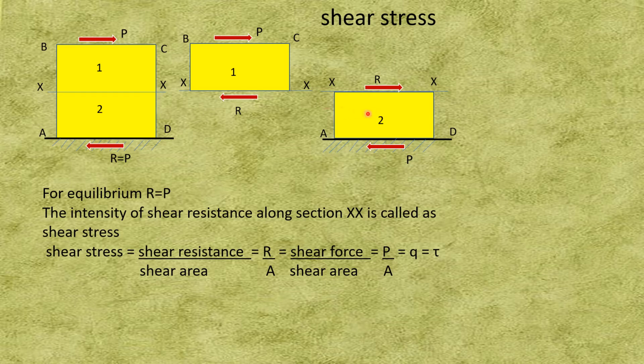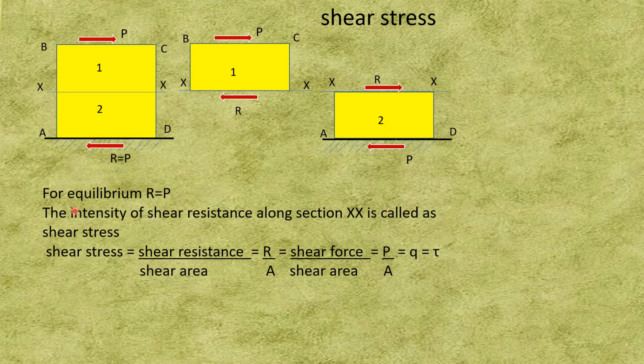Now if I draw a free body diagram for part 2, this is the reactive force P, which is acting here in the negative x direction, and at the top XX a reactive force R will be developed in the positive x direction. Then only this block AD, which is block 2, will be in equilibrium.